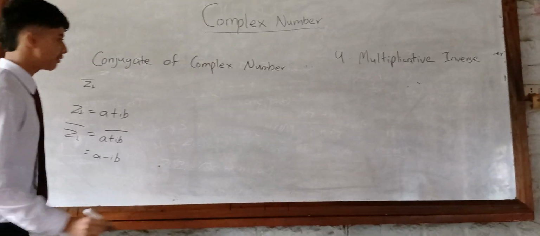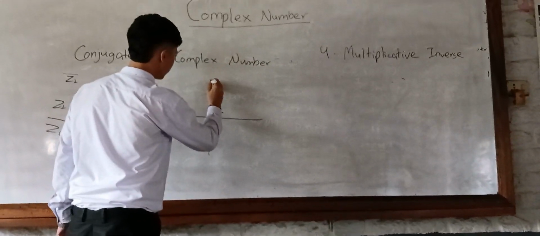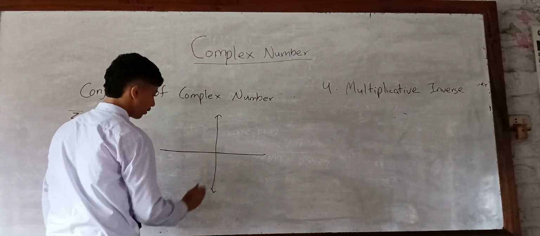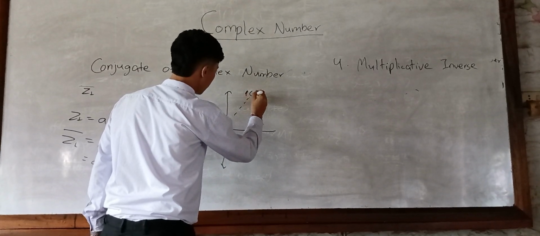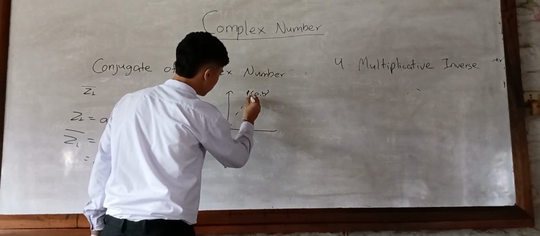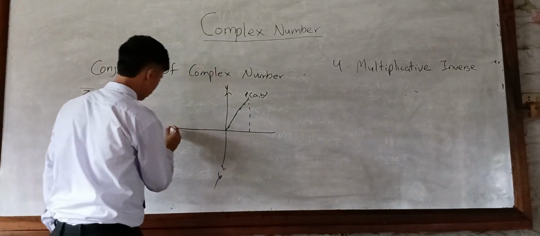Let me do one graphical representation of the conjugate. Let's take a point P, a comma b. This is the y axis, this is the x axis.